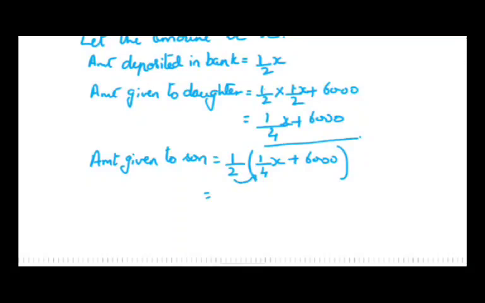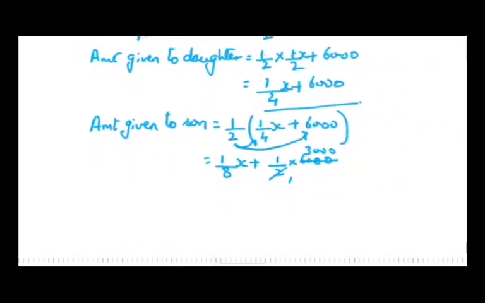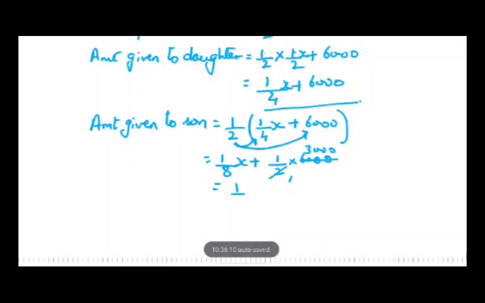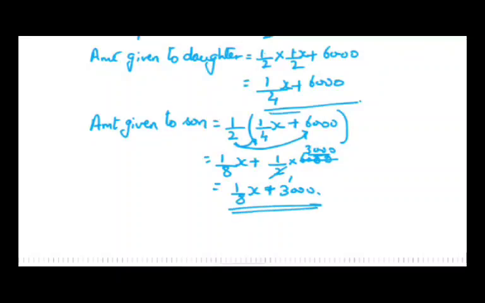So half into 1/4 makes it 1/8x. And half of 6,000 is 3,000, so plus 3,000. So this is the son's amount, and that's the daughter's amount.